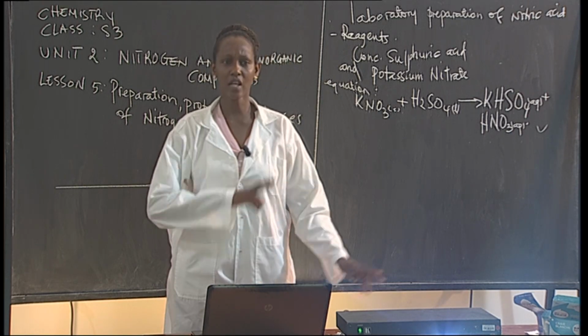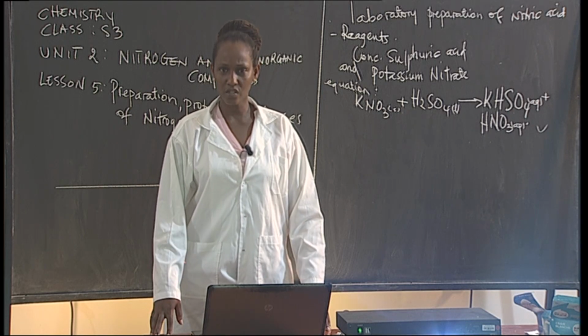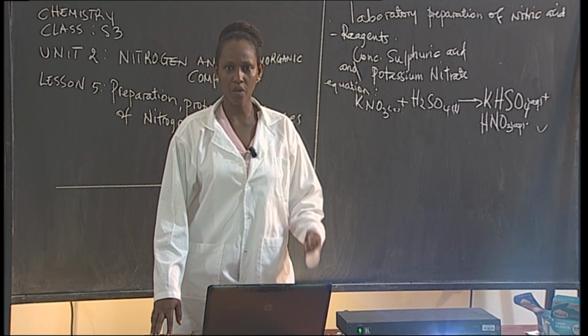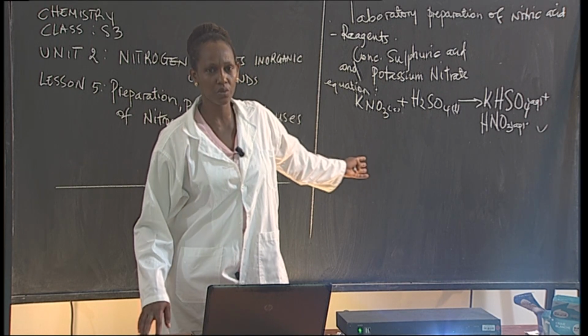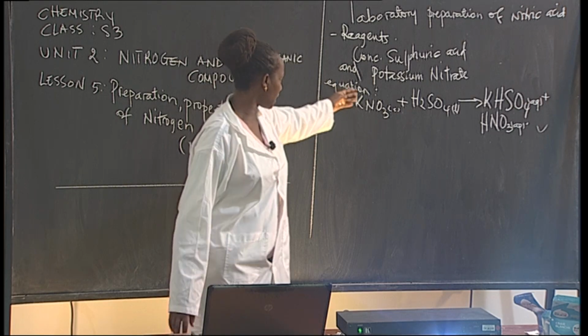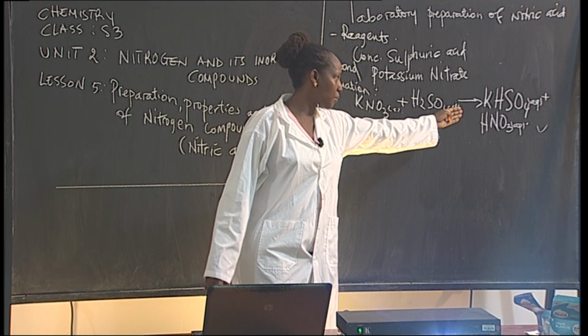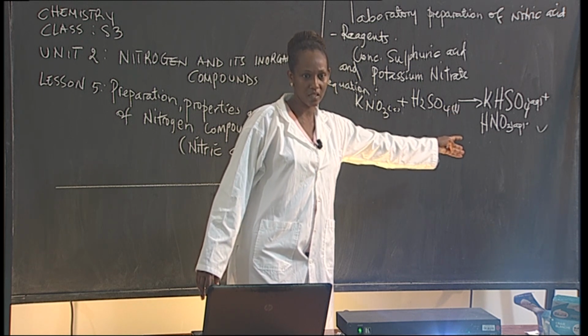Good. So those are two ways in which we can manufacture or get nitric acid. One, we talked of the laboratory preparation, which is the reaction between potassium nitrate and concentrated sulfuric acid to get potassium hydrogen sulfate and nitric acid.